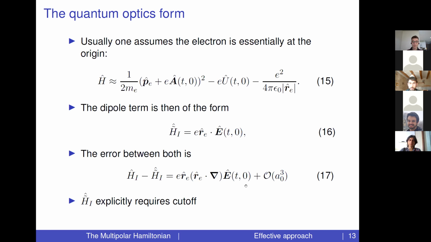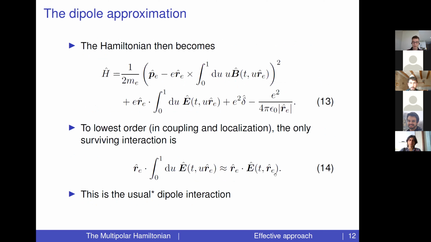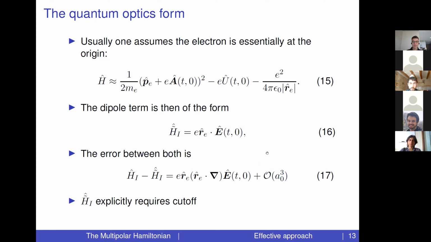And therefore, in the end, a cutoff is always needed. But in this quantum optics form, of course, it is more explicitly needed. In the form that we had before, evaluated at this position operator, we don't explicitly need to introduce a cutoff, since the localization is automatically bounded. And we will see that in one of the next slides.